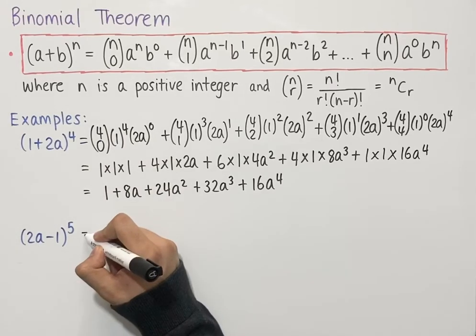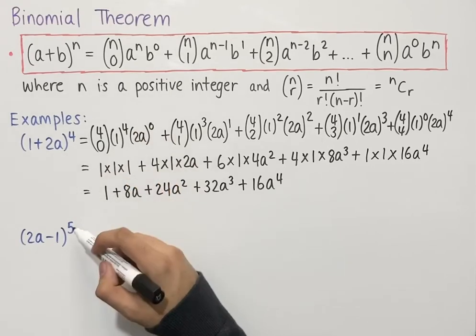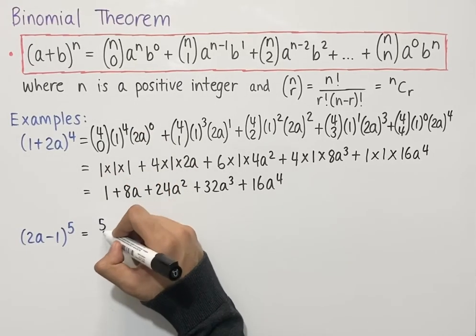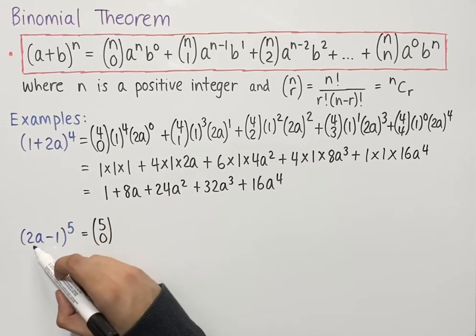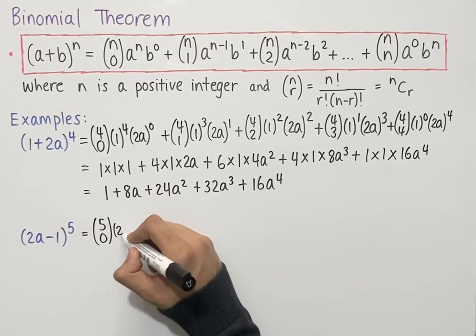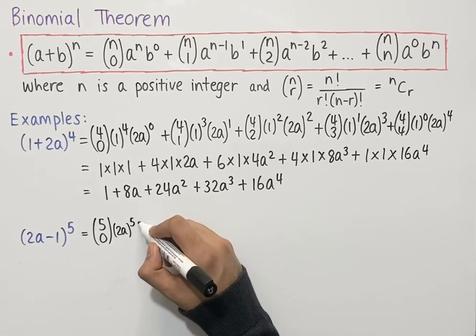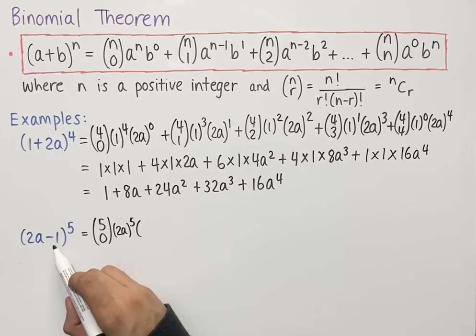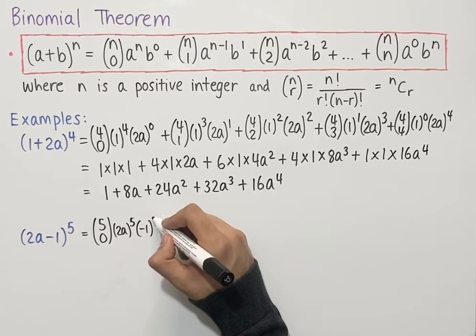This is equal to our first term, which is 5 choose 0, since n is 5 here. And then we're going to multiply this with the first term here, 2a to the power of n, which is 5, multiplied by b, which in our case is minus 1. So we include the negative, to the power of 0.